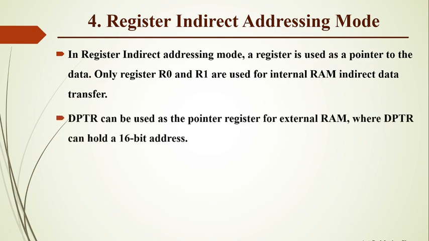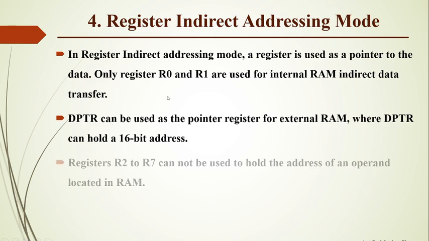DPTR can be used as a pointer register for external RAM, where DPTR can hold a 16-bit address. R0 and R1 hold an 8-bit address, and DPTR holds a 16-bit address. So these three registers are used to access the memory. They are used as pointers.